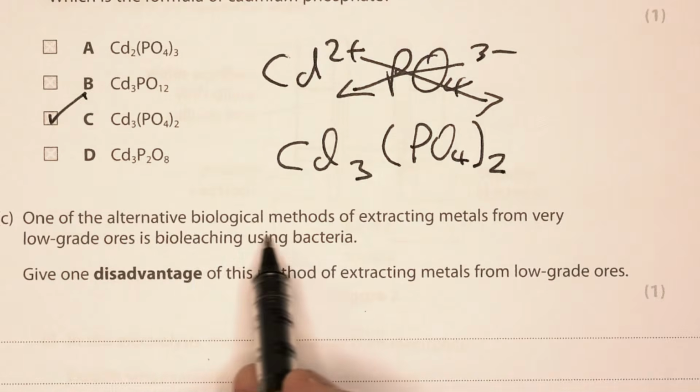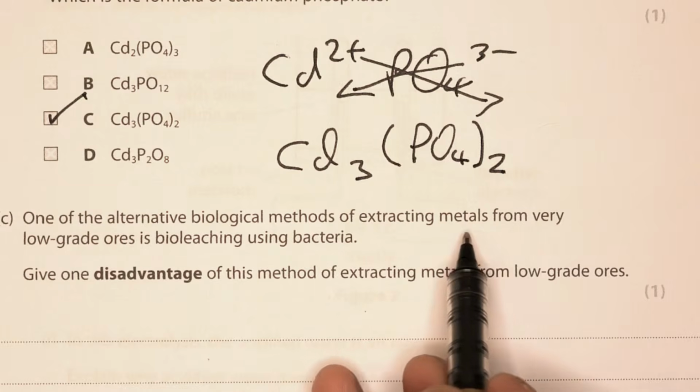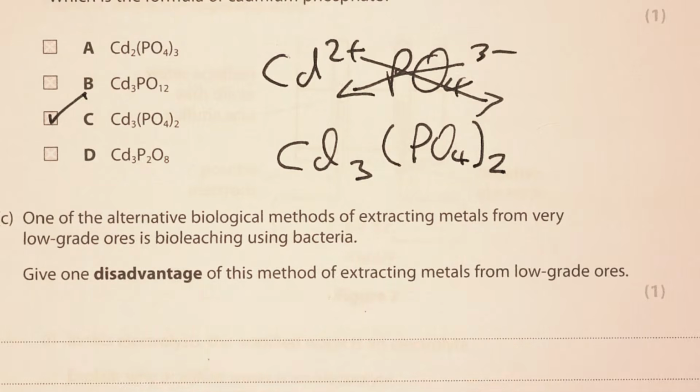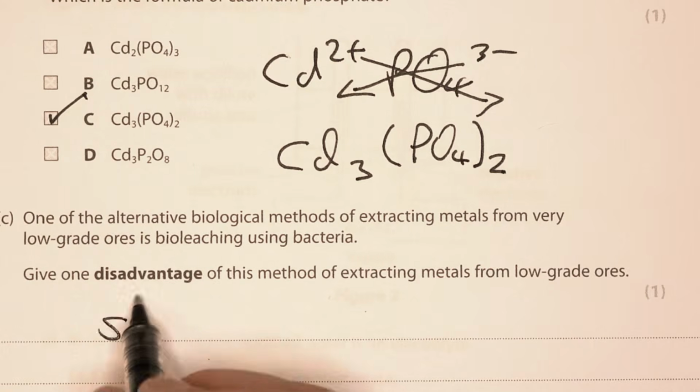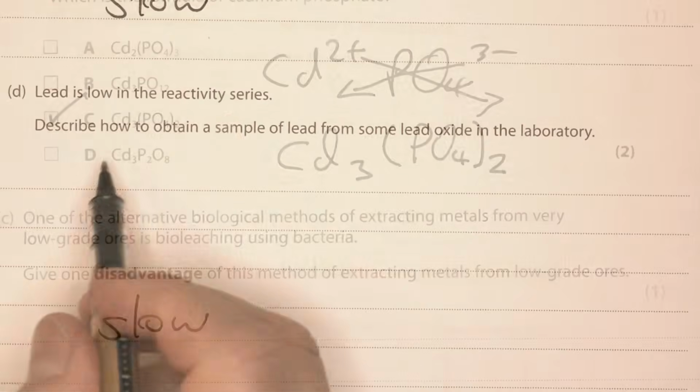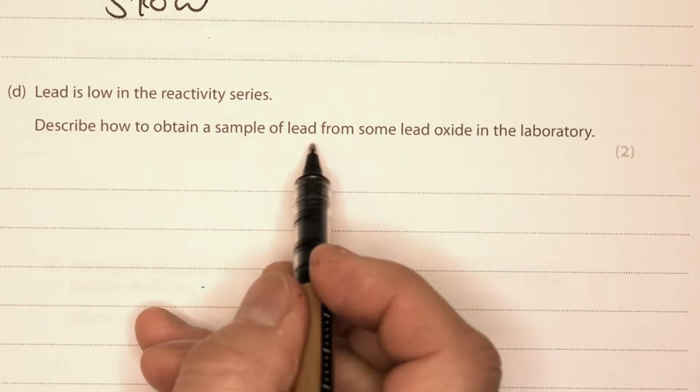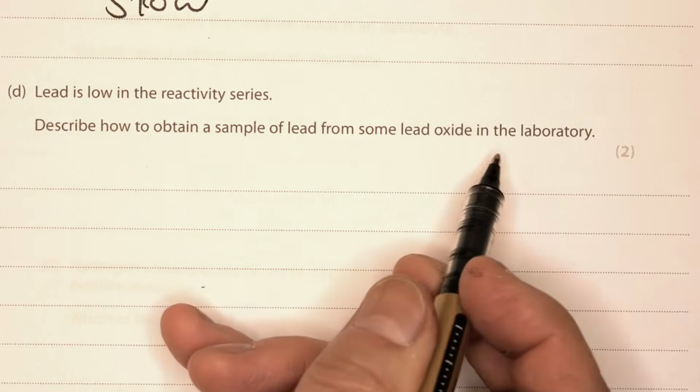One of the alternative biological methods of extracting metals from low-grade ores is bioleaching using bacteria. Give one disadvantage of this method. The main disadvantage is it's a slow process. Lead is low in the reactivity series. Describe how to obtain a sample of lead from some lead oxide in the laboratory.